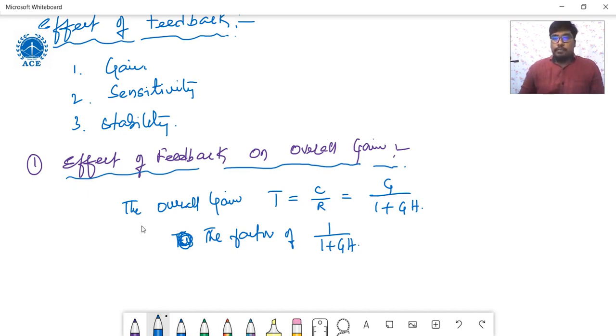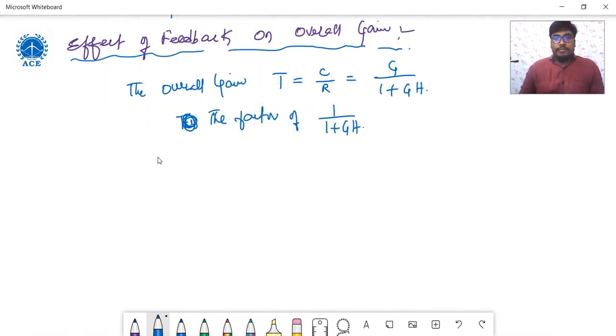See here, this is the feedback element, right? So if 1 + GH is less than 1, what will happen?